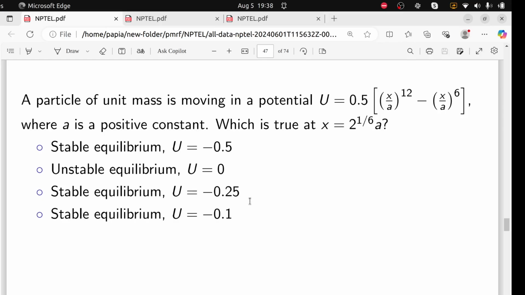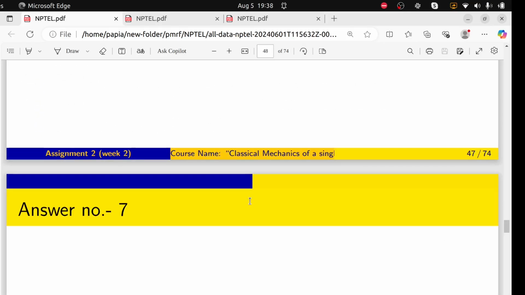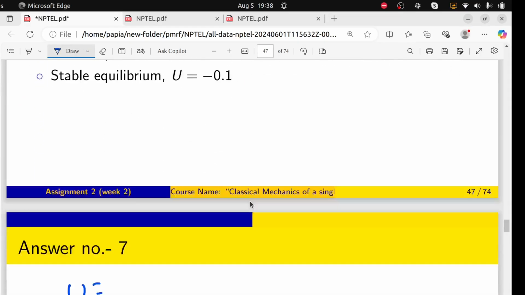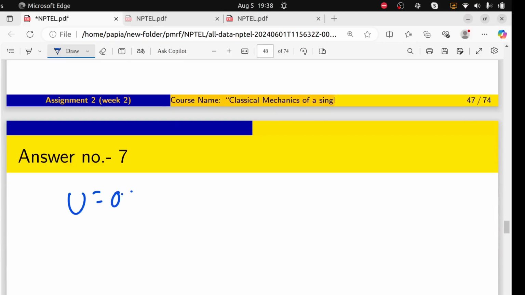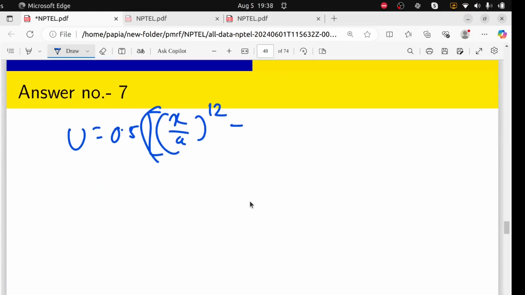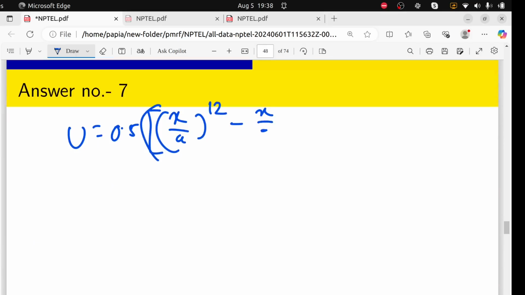So to get the answer, we will just write here u value first. So u is given as 0.5 x by a to the power 12 minus x by a to the power 6. So what we will do, we will just do del u del x.